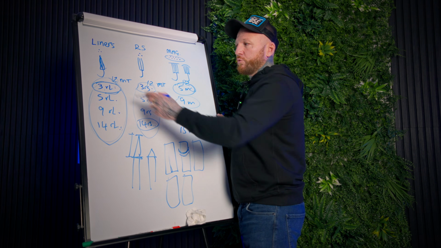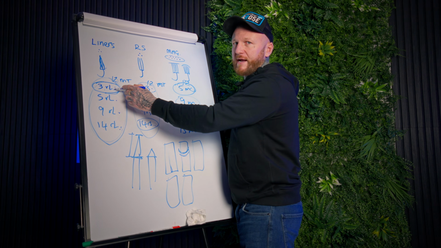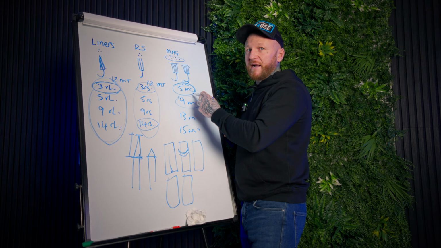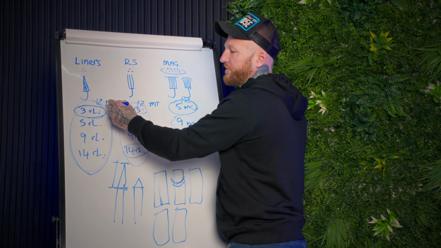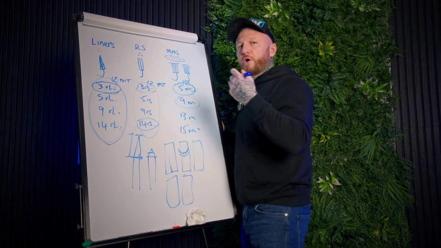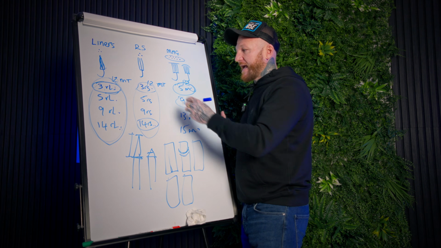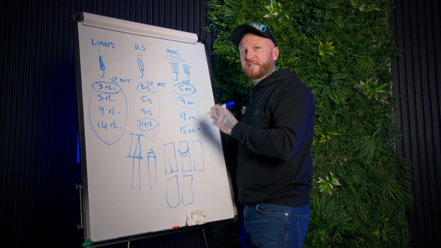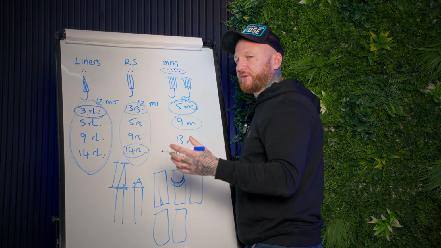Get used to them. Once you've got a lot of experience with a 3 round liner, or a 9 liner, or a 9 round shader, or a 5 mag, then you can start playing with the taper lengths or the gauge of the needle. And because you've got more experience and you know exactly how these feel, then and only then would you actually notice the difference. But it is irrelevant at the beginning.